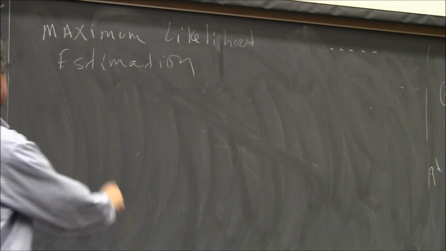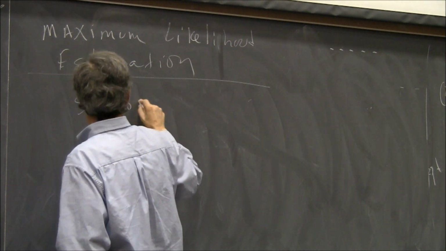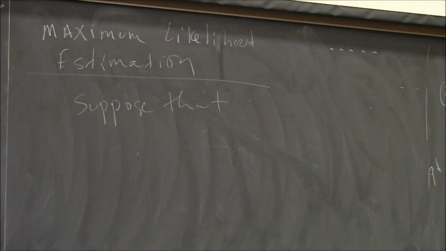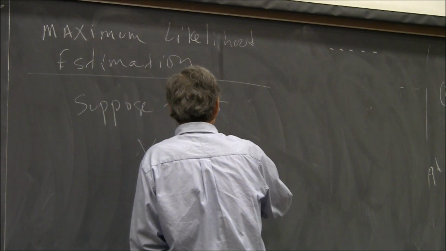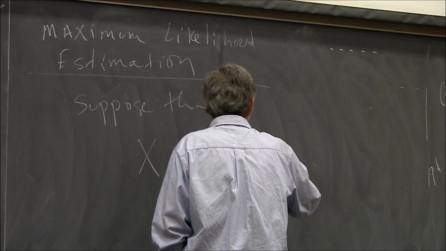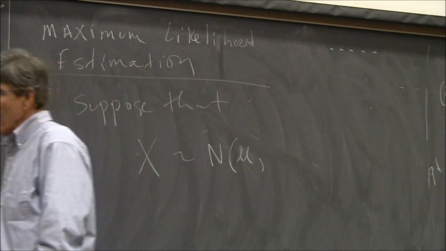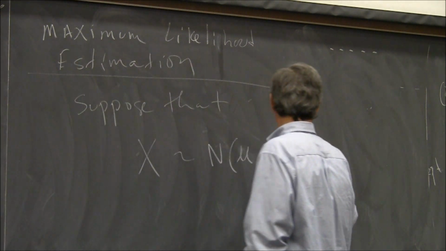Okay, let's suppose that x is distributed normally. So x is a random variable. It's distributed normally with mean mu and variance 10. Just to make it simple, I'm going to assume we know the variance.